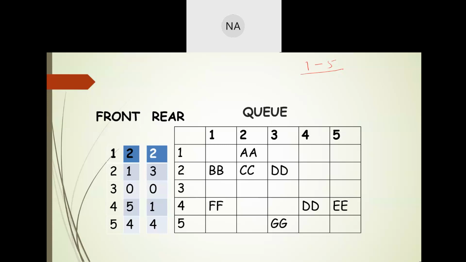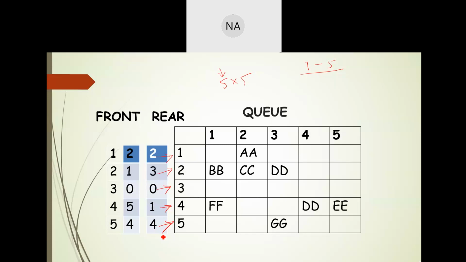But usually what we do is use a single two-dimensional array, assuming that the size of each priority array is the same. So in this scenario, we are using a two-dimensional array of size 5 by 5. The number of rows is 5 because there are 5 distinct values of priority.